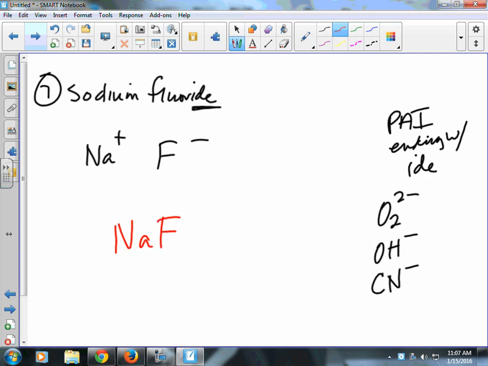Let me point out something else. Everyone look up here. That's the symbol of a single isolated ion. I wrote the charge. So is this one, right? But when I write the formula for a compound, we do not put the charges in.